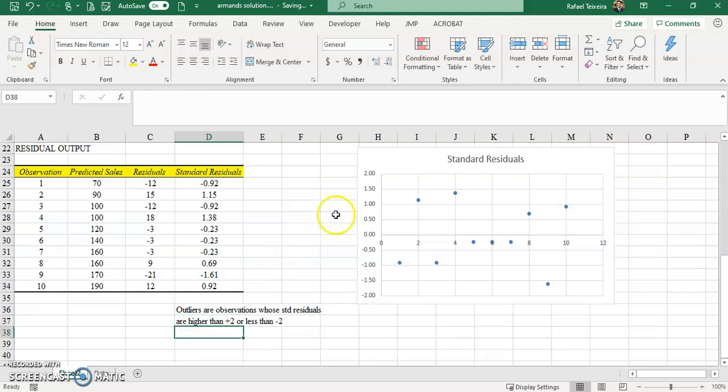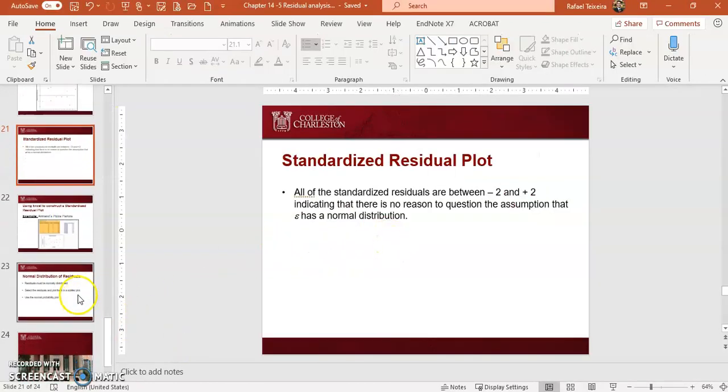Outliers affect the whole model, so we have to get rid of these observations that have standard residuals higher or smaller than plus and minus 2. Okay, that's what we're talking about here.